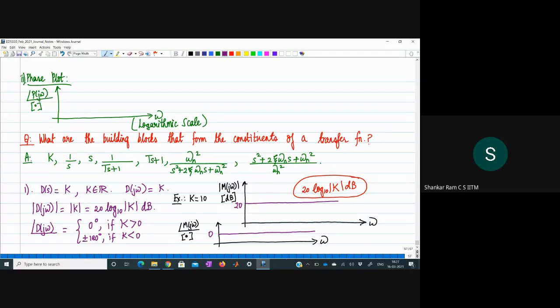One interesting thing we will learn as we go along is that there is going to be some symmetry between the Bode plot of 1 by s and s. If we know how to plot one, we know how to plot the other, because 1 by s and s are reciprocal factors. So there is going to be some interesting symmetry or reflection there, as we will learn when we get to that factor.